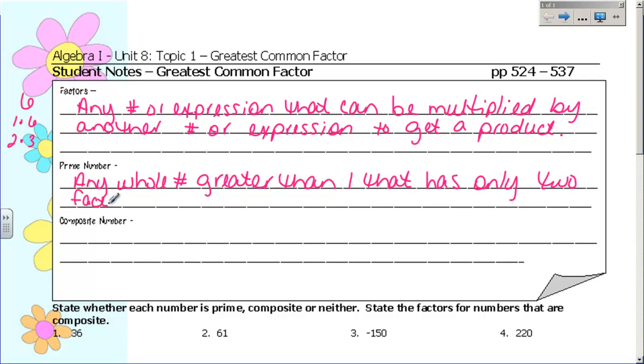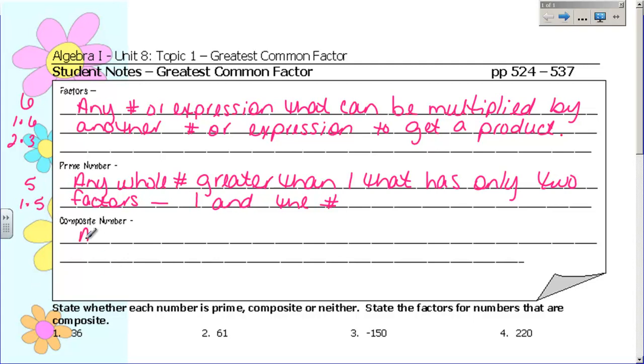And those 2 factors are always 1 and the number. For example, 5 is a prime number, and the reason 5 is a prime number is because the only 2 numbers you can multiply to make the number 5 are 1 times 5. So it only has 2 factors, 1 and itself. So 1 times that 5 makes that a prime number.